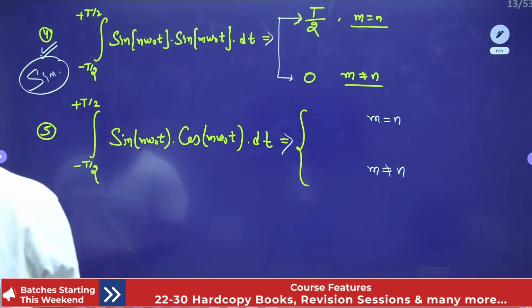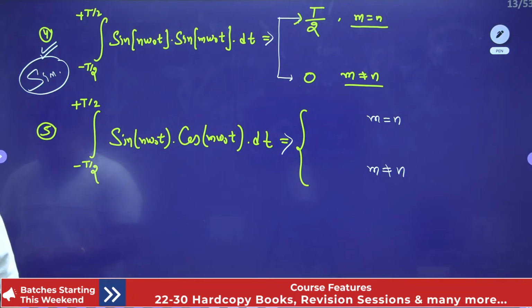Both values are 0 only, sir. Shabash. Why are both values 0, children? Why both values 0?